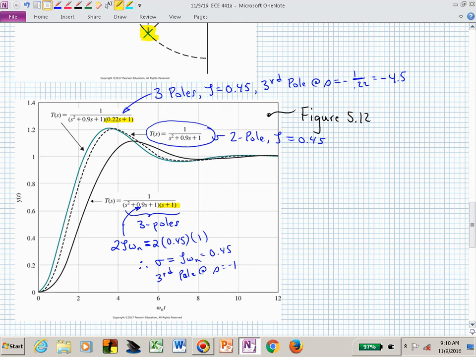So this is trying to give you a feel for how an additional pole might impact your behavior contrasted with a pure two-pole system. With three poles it's a little different, and the third pole depends on where it is relative to the two dominant poles. If it's closer, then it's going to have more impact.